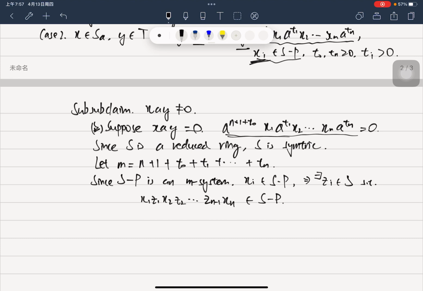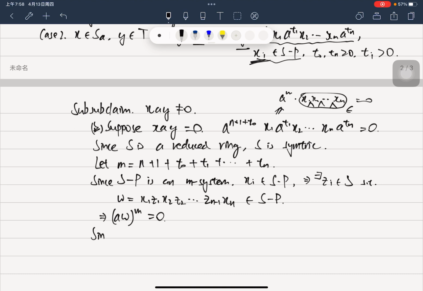Okay, why do we want to show that? Because here we can also commute the elements, like A to the m x1 x2 through xn is 0, but we are not sure whether the multiplication of this is in the M system. We are not sure, so we want to assure the last thing by adding z, which is contained in the M system. So we add this element z, and now we have w, and w to the m is 0 because this one is 0.